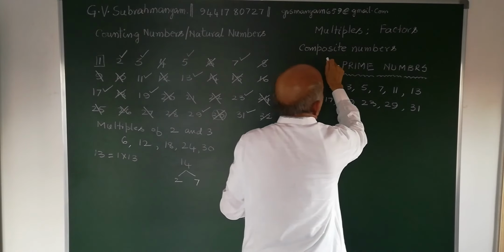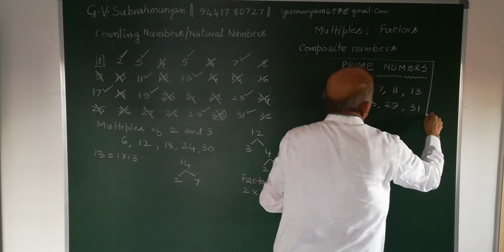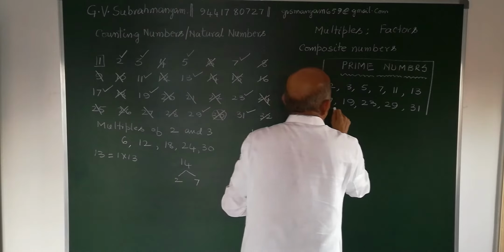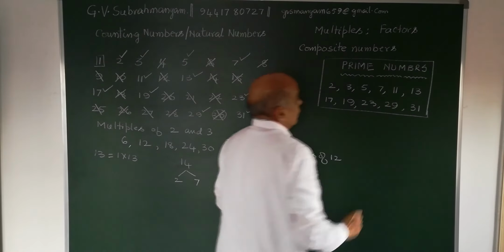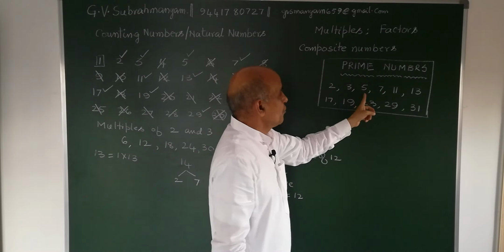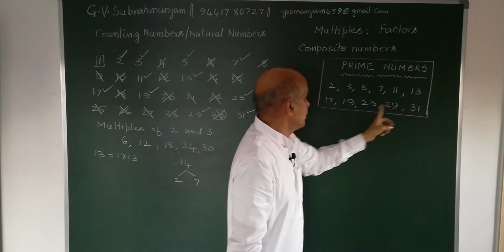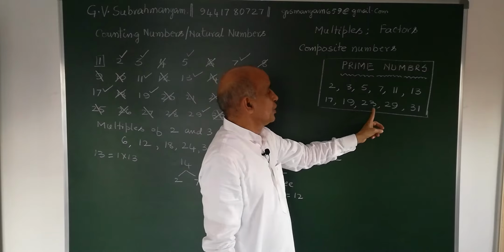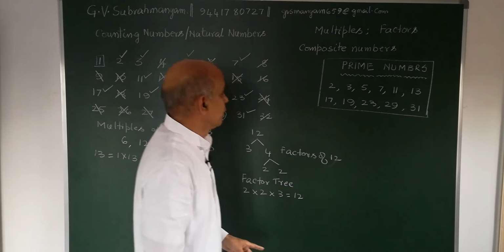So these are the prime numbers less than 33. Prime numbers less than 33 are 2, 3, 5, 7, 11, 13, 17, 19, 23, 29, 31.